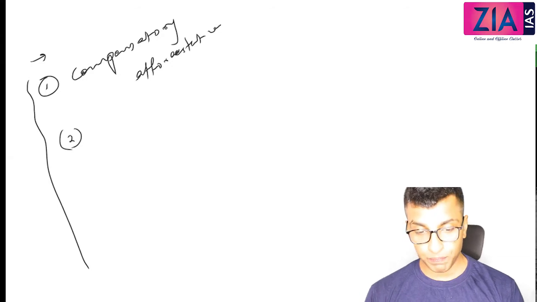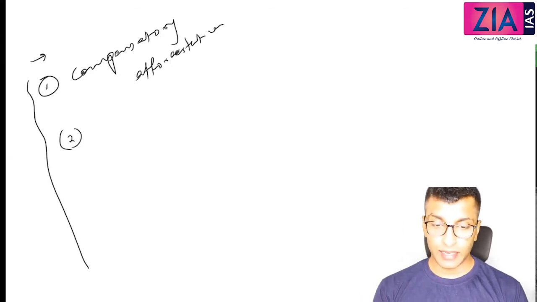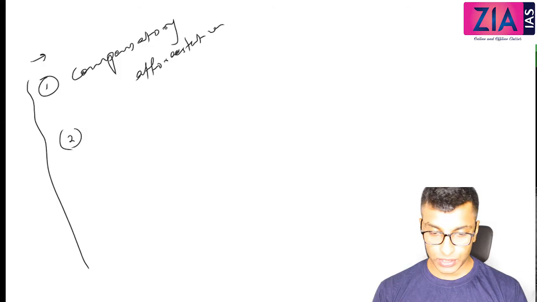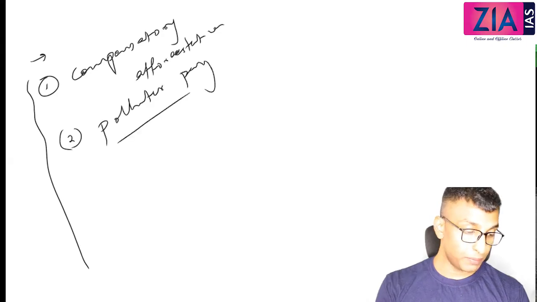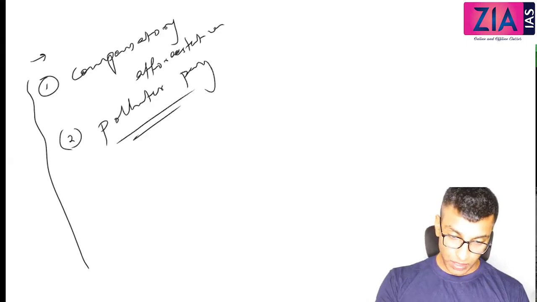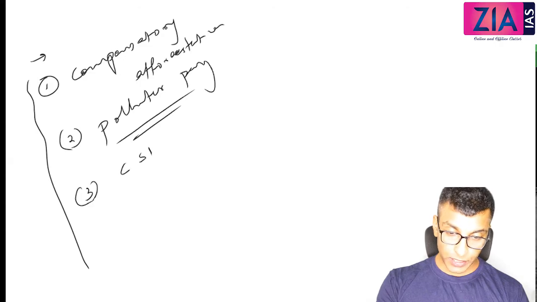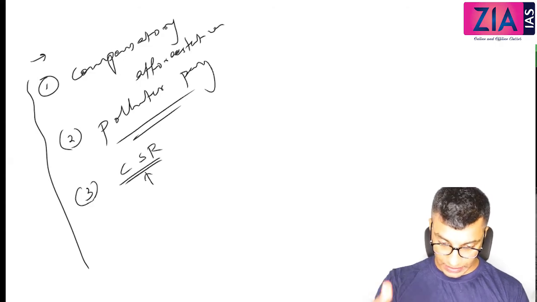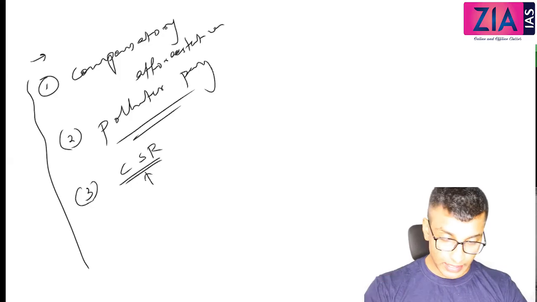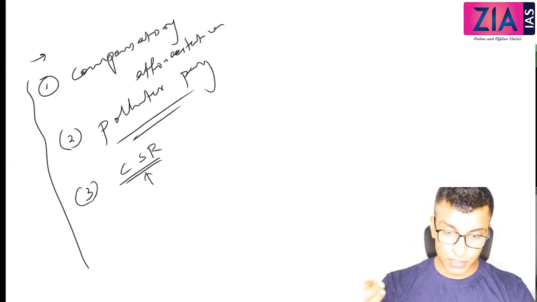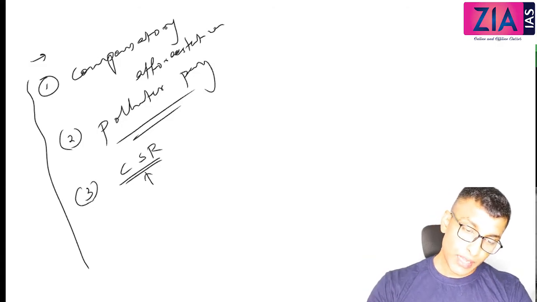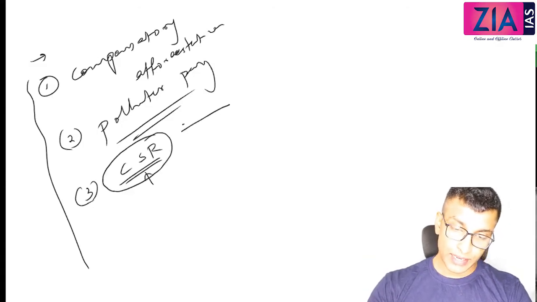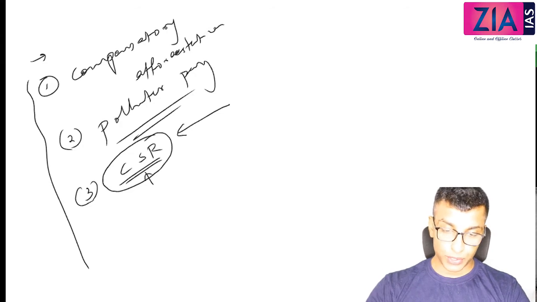You can also talk about polluter pay principle. That is very important. Polluter pay principle, and the details of that you might have already discussed or studied under environment. You can also talk about corporate social responsibility. In fact, this is part of your ethics syllabus. We will be discussing this in detail later. Any social issues, any social problems, education related or anywhere you can write this corporate social responsibility.